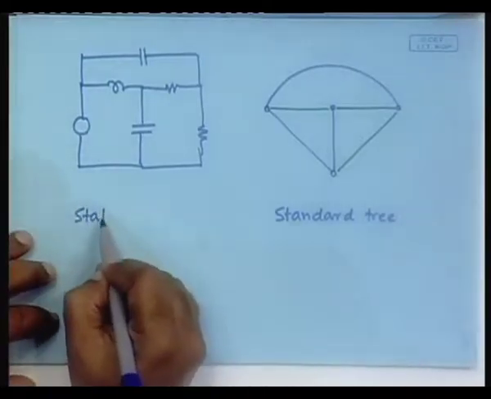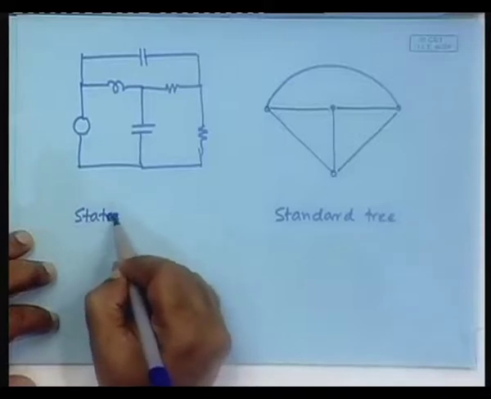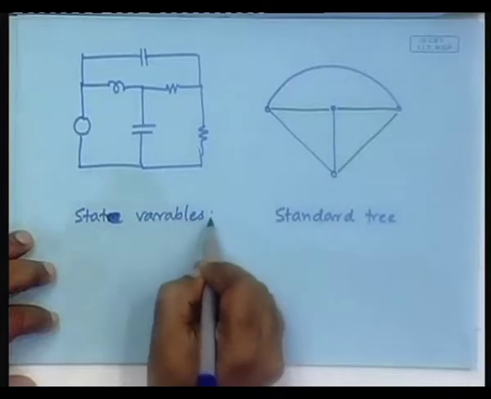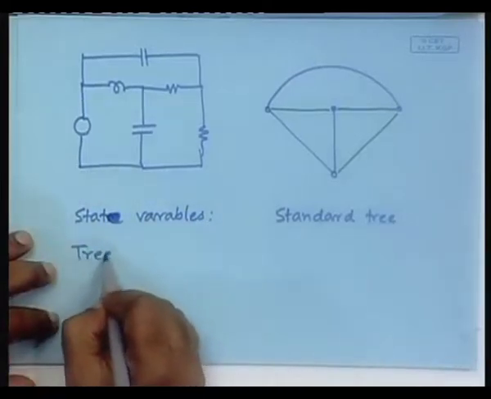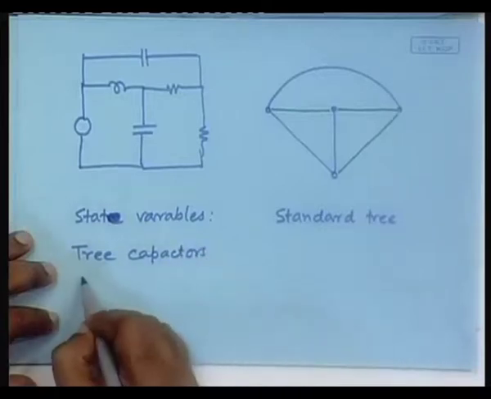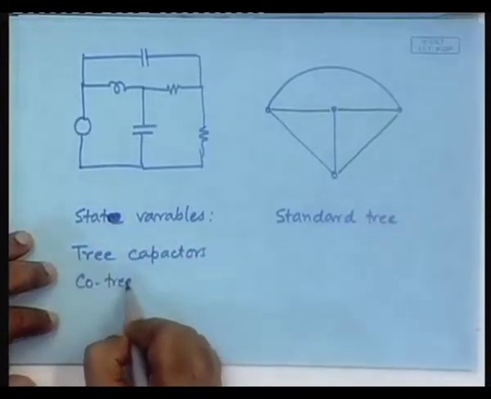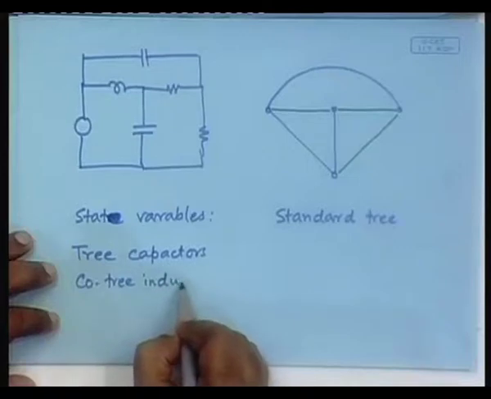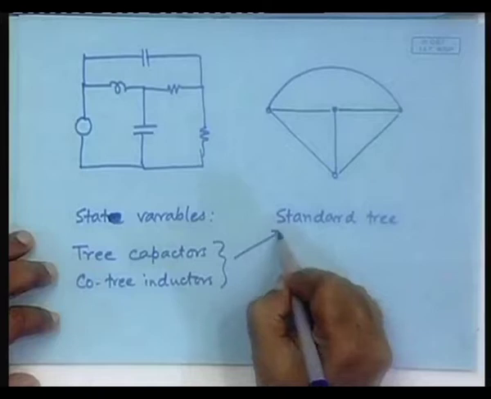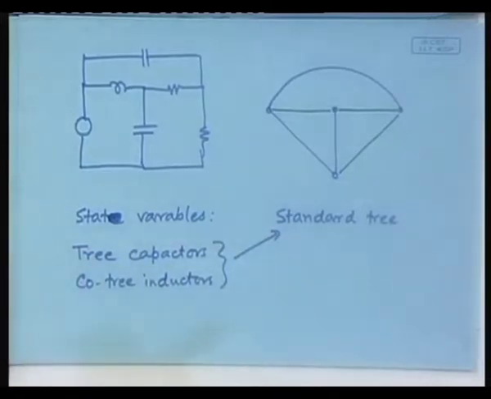What are they? State variables are tree capacitors and core tree inductors. These are all related to the standard tree, not just any tree.